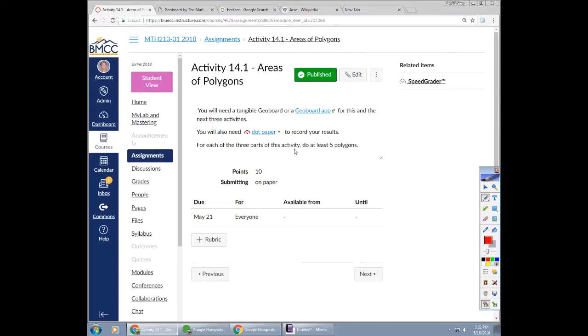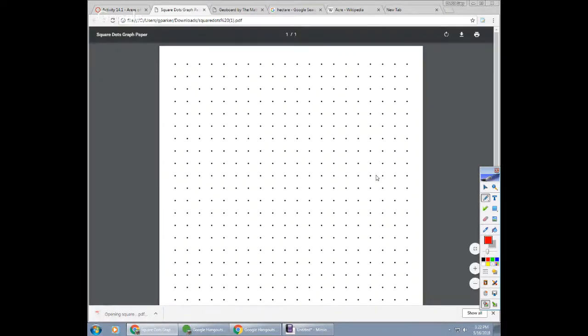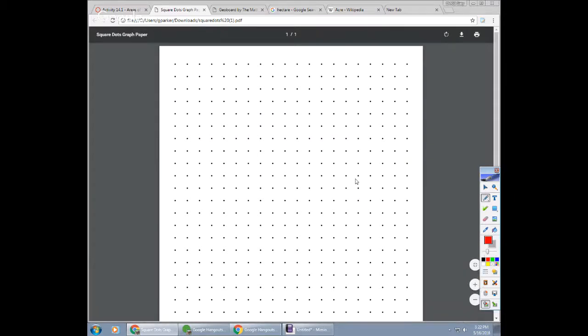As far as those of you that aren't with me on campus, I have a link to some dot paper here. This looks like a 0.5 centimeter grid, which may be too many dots, but oh well, we'll go with it.